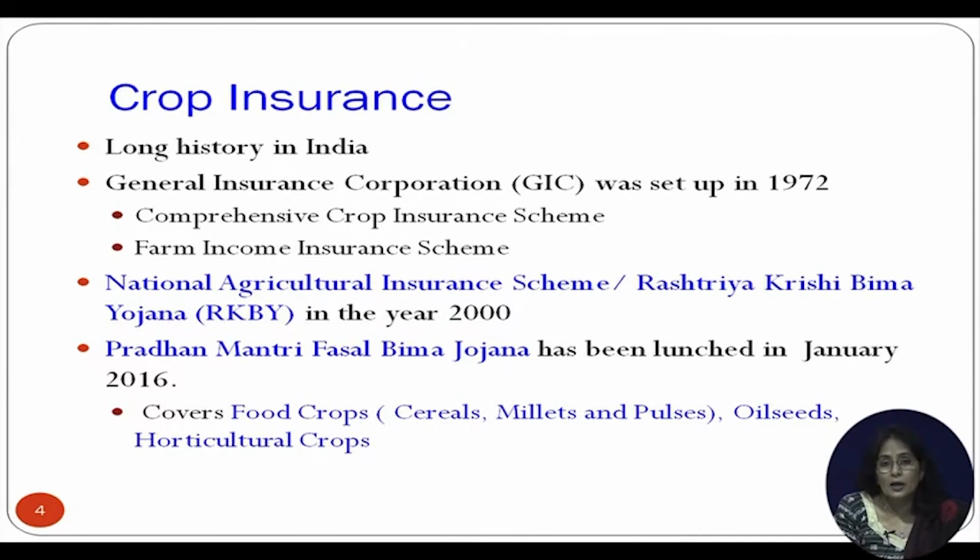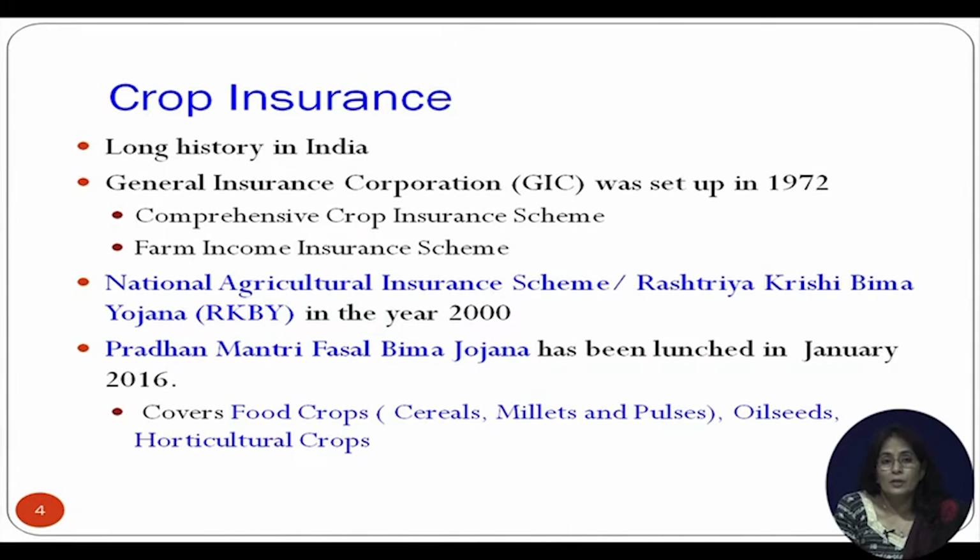This was launched in January 2016, and it covers a wide gamut of agricultural produce, from cereals, millets and pulses, to oil seeds and different kinds of horticultural crops like pomegranate and grapes.